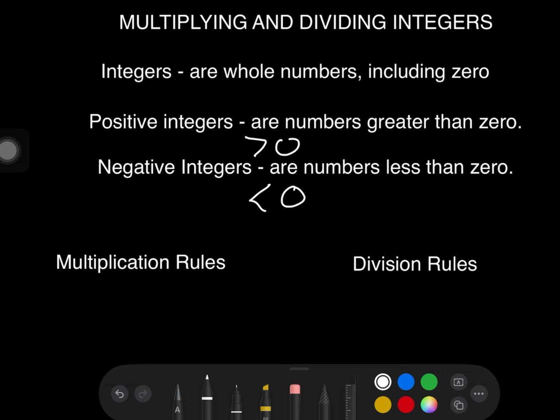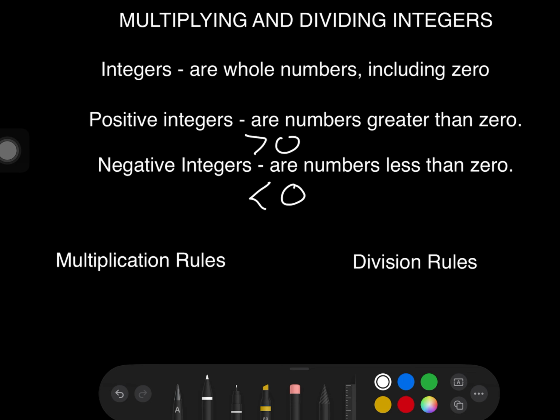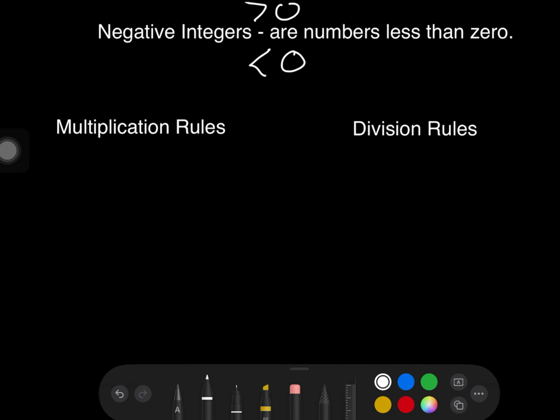In multiplying and dividing integers, we have some rules. It is better to remember them so that you will not get lost every now and then. In multiplying integers, we have to multiply signs. Negative times negative is equal to positive.